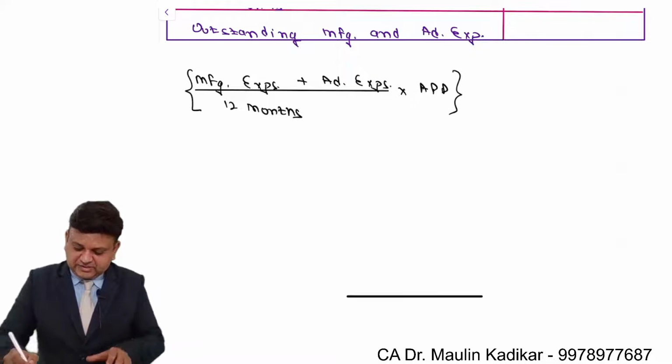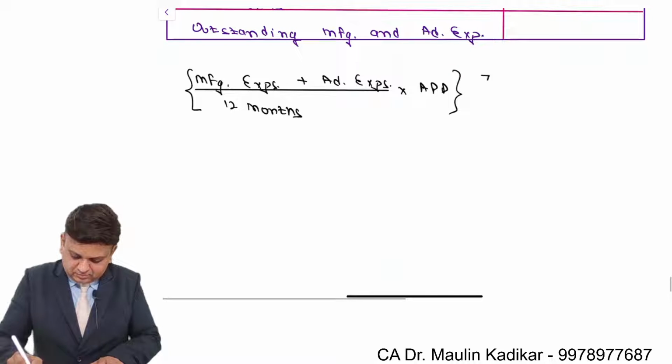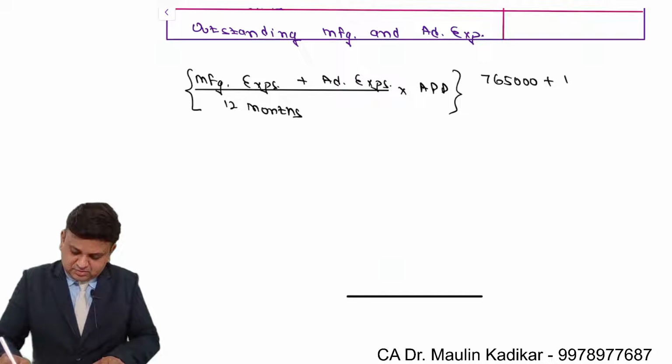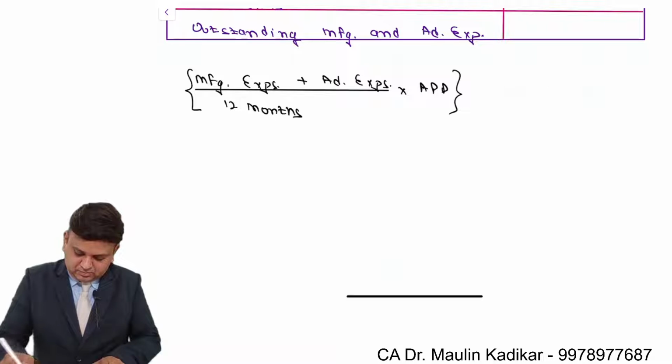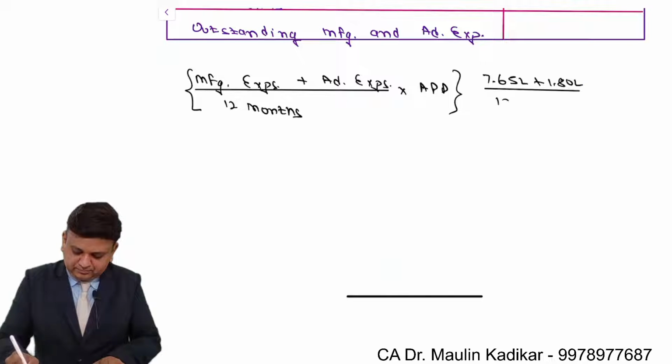It is 7,65,000 plus administration expenses outstanding 1,80,000, whole divided by 12 into 1 month.